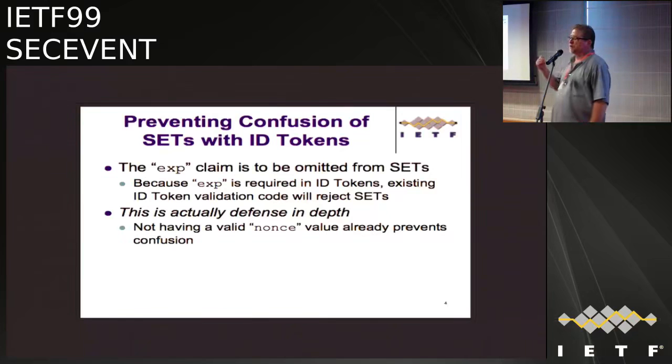I'll note, following up on some previous discussion in Chicago and on the list, that this is actually defense in depth, because already in any normal context for an ID token, it's impossible to confuse it, because the SET wouldn't have a valid nonce claim with the correct value, which is also necessary for the ID token to be accepted.